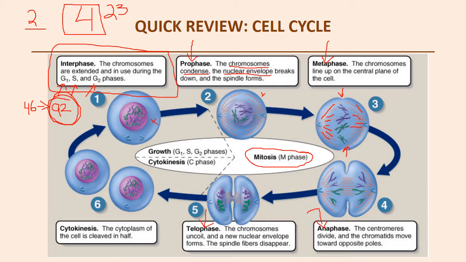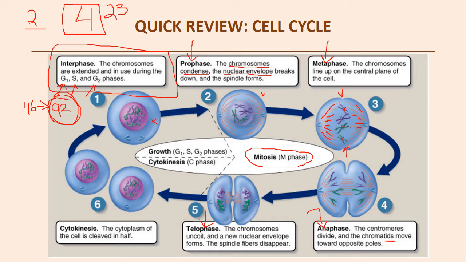So in metaphase, what's really important to point out is that the spindle and kinetochore proteins will interact with the centromere, the little middle part of your chromosome right here. They will hook themselves onto the centromere, and by hooking themselves onto the centromere, they're going to be able to separate the sister chromatids.